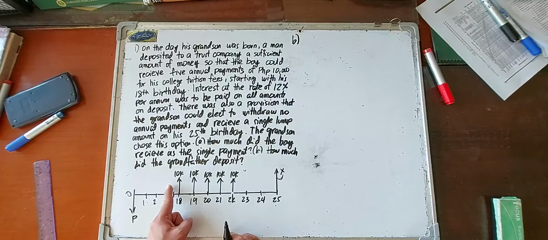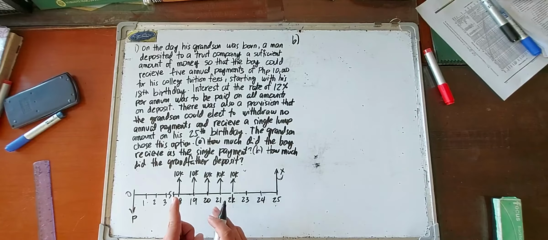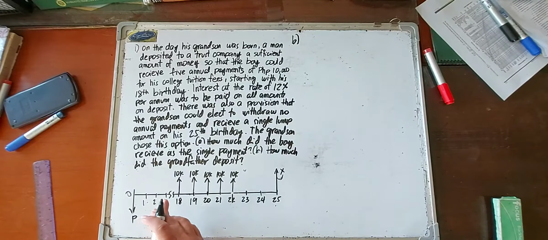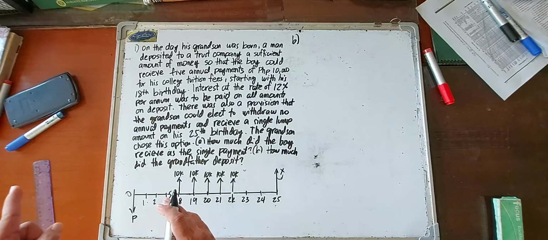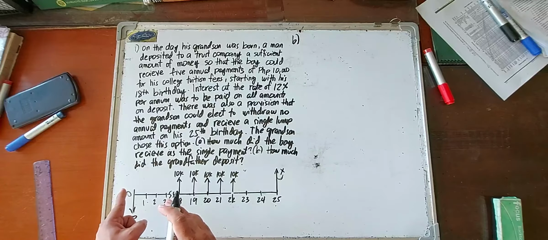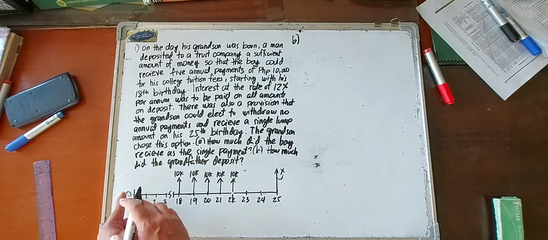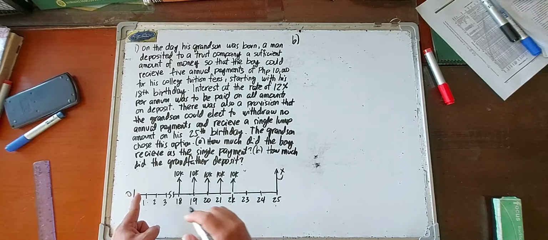Okay, ito dito na part, cash flow diagram natin, the 17th year as our focal point. That means we're going to transfer or solve for the equivalent value of this annual payments papunta dun sa 17th year, and then from the 17th year transfer ulit natin, solve natin yung equivalent value niya at the starting point of the annuity. Okay, let's try to do that.